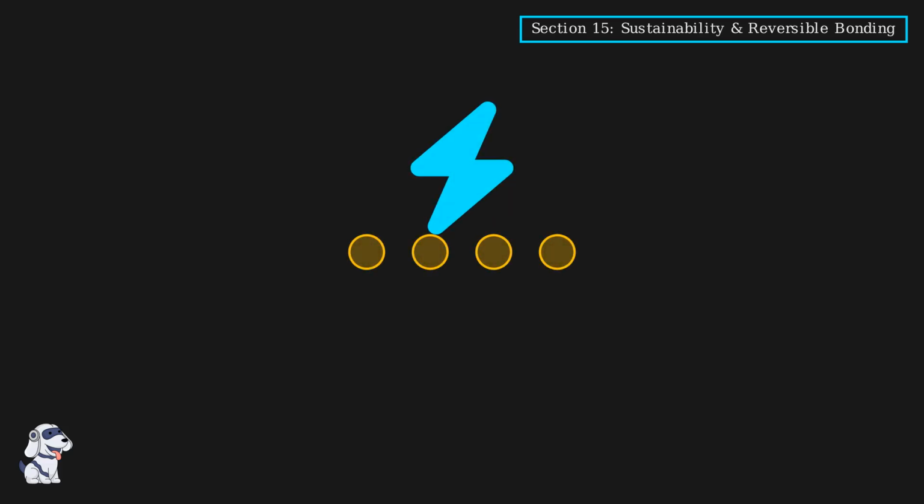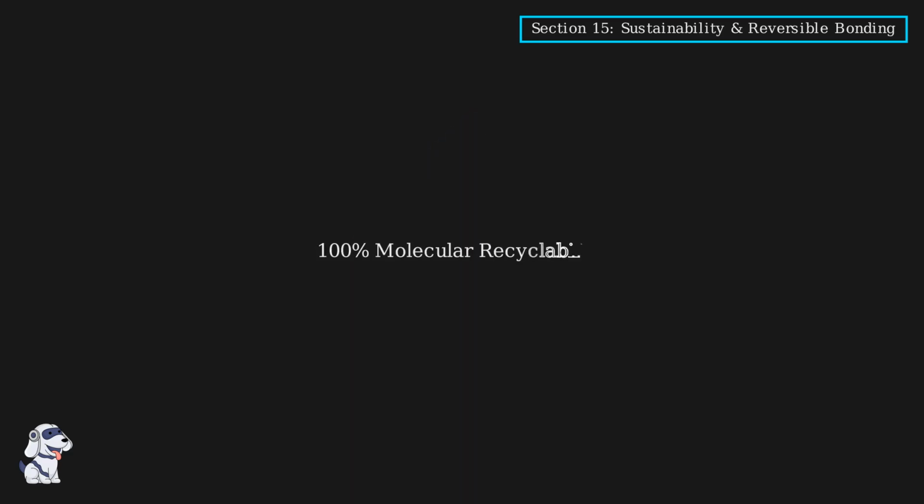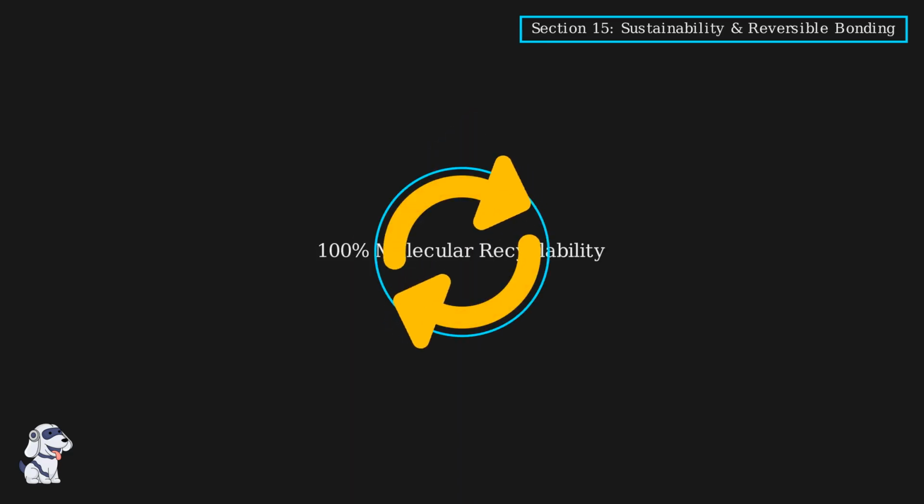By incorporating stimuli-responsive linkages, we can create polymers that maintain structural integrity during use, but unzip into their original monomer building blocks when exposed to an external trigger. This advancement is critical for achieving a circular economy, allowing materials to be fully recycled at the molecular level, thereby reducing environmental waste and the reliance on virgin feedstocks.